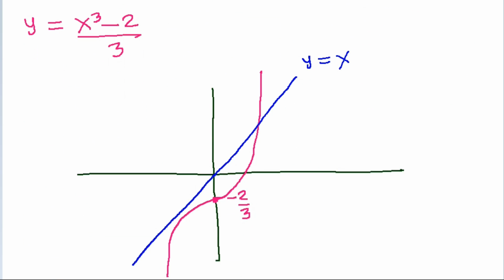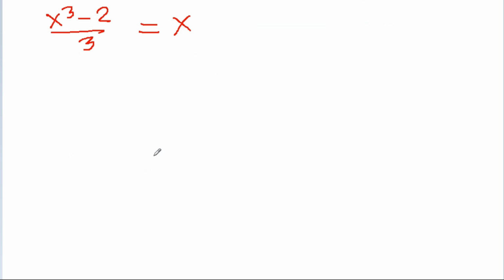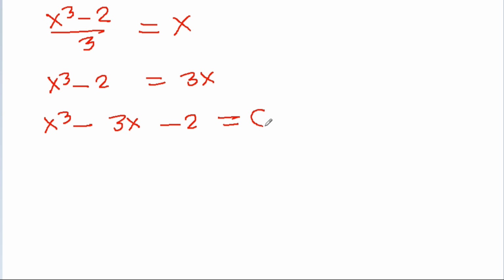So for f(x) is equal to f inverse of x, y is equal to x is the only solution for this graph. We have y is equal to x cube minus 2 by 3 is equal to x, and it is x cube minus 2 is equal to 3x, and x cube minus 3x minus 2 is equal to 0.